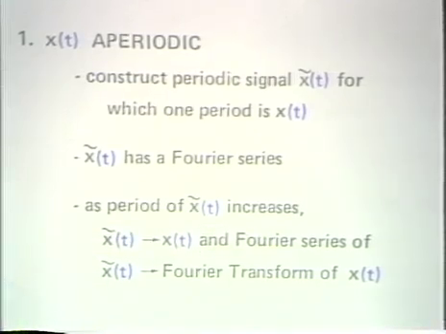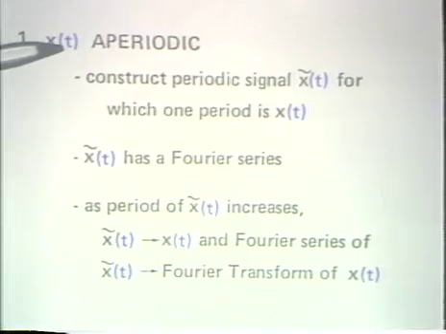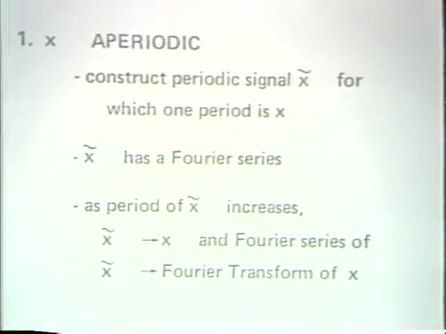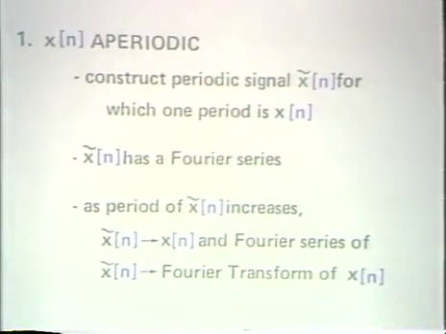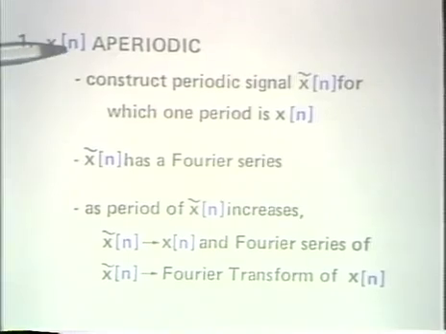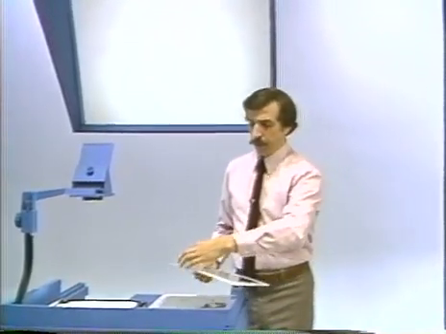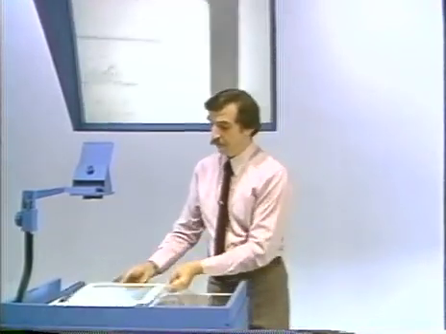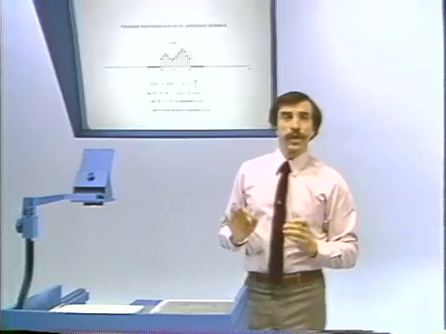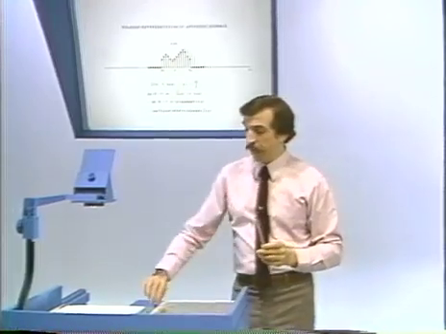Now, we can do exactly the same thing in the discrete time case. The statement is exactly the same, except that instead of t as the independent variable, we make the same statement with our discrete time variable n. So the basic notion in representing a discrete time aperiodic signal is to first construct a periodic signal.